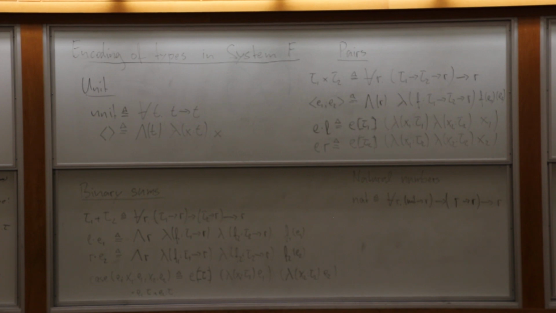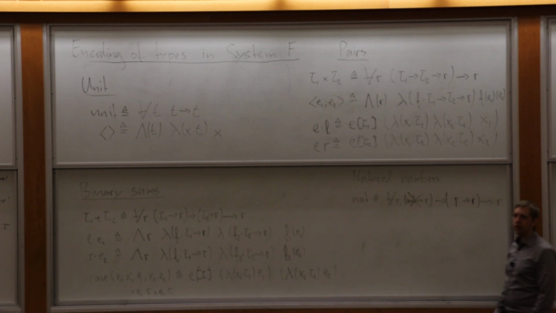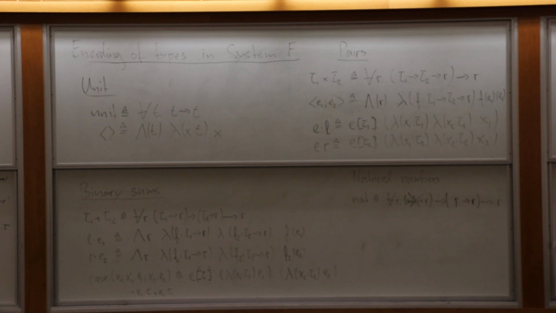And we can simplify it a little bit and leave out the unit here. It doesn't add anything. If you have a function like unit to R, it's basically the same thing as R. It's isomorphic, we say. Okay, so let me clean that up a bit.